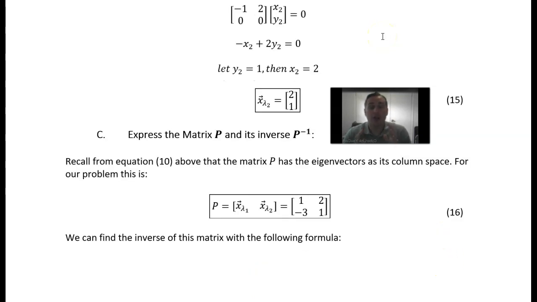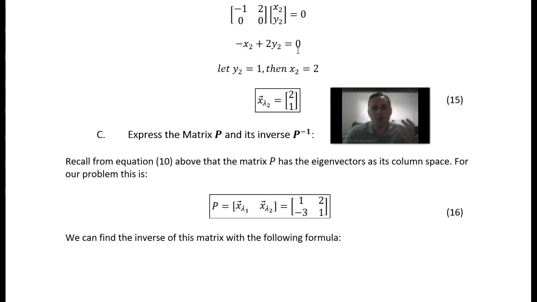So now calculating the null space, we should have -1, 2, 0, 0 times x2, y2 as a column vector. This is finding our eigenvector is equal to 0. And then when you multiply that out, you get negative x2 plus 2y2 equals 0.